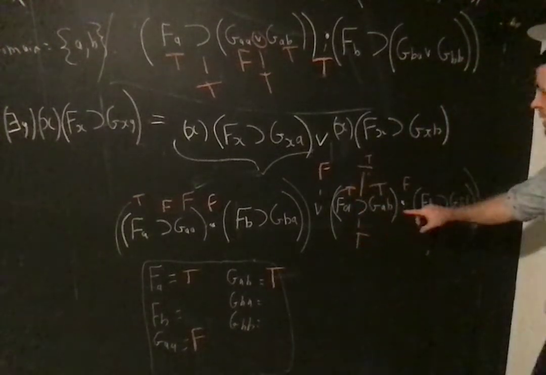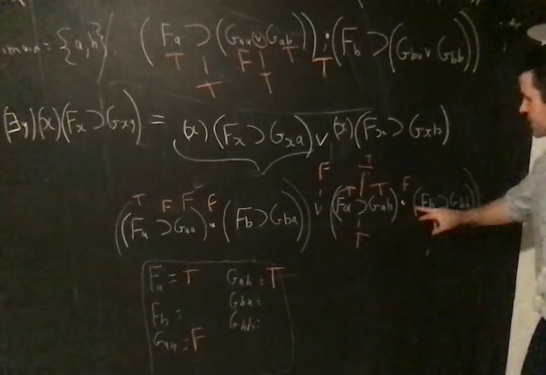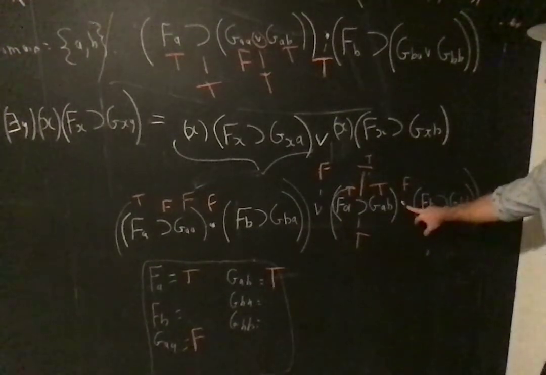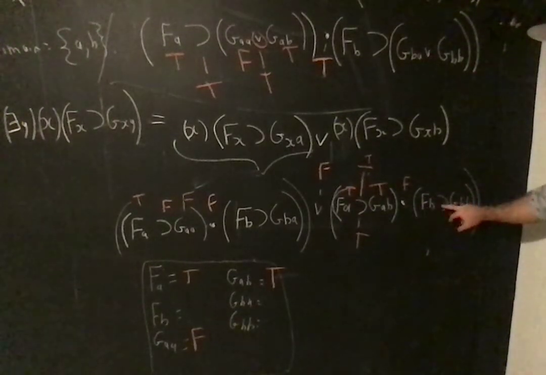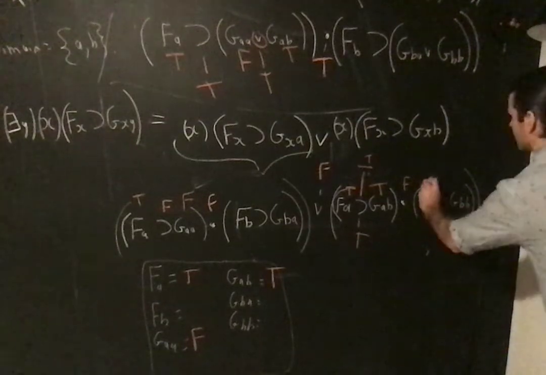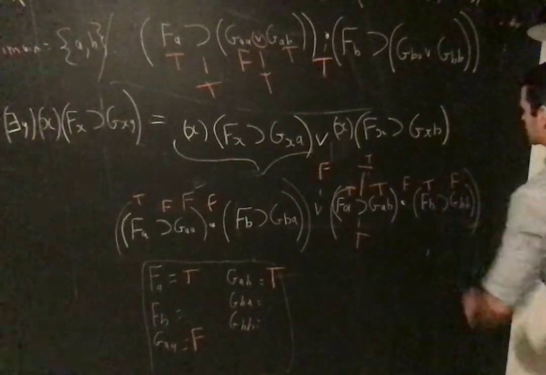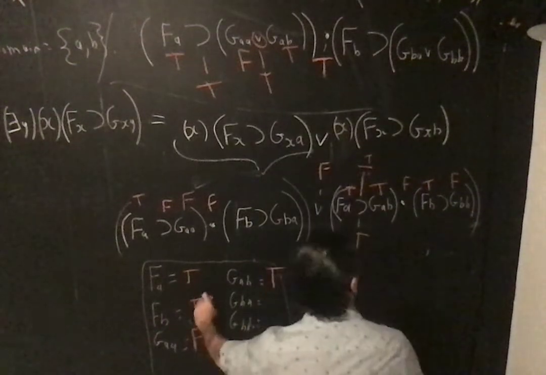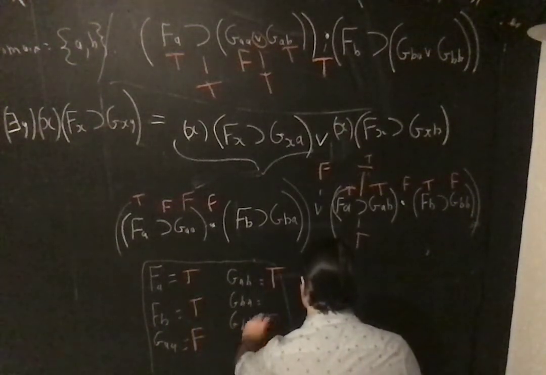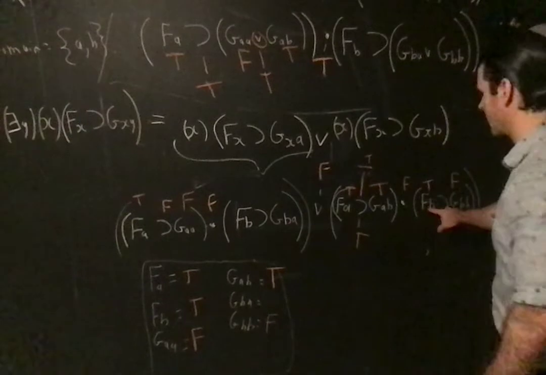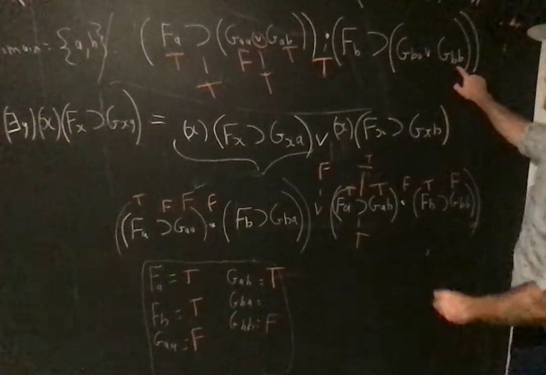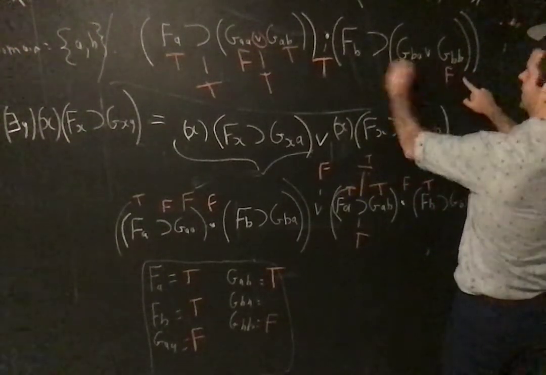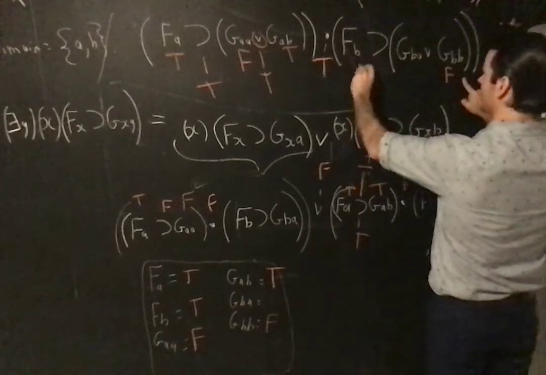Again, we have to make this conjunction false. We're going to make one of the conjuncts false, so we've got to make this guy false, so it's got to be true, false. So it's got to be FB true and GBB false. Which means GBB is false and FB is true.